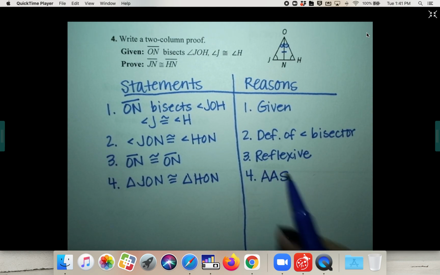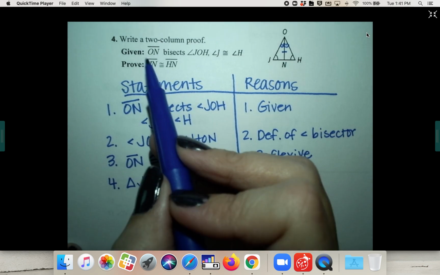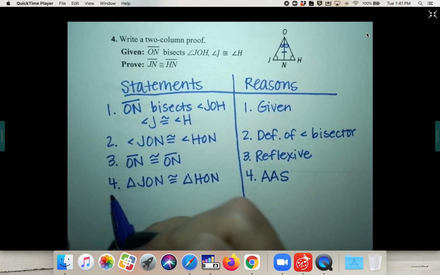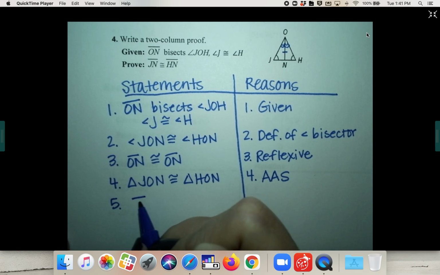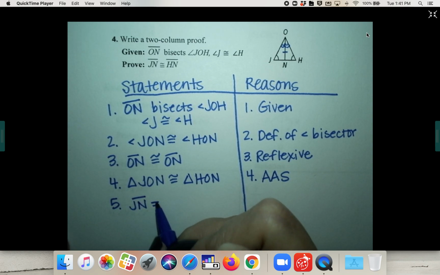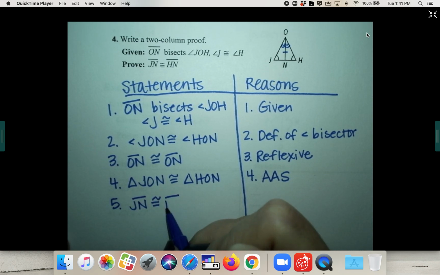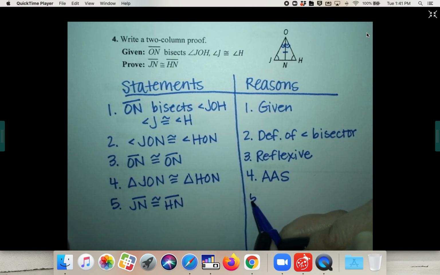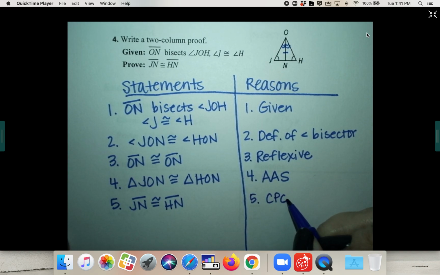And now that we've proven the entire triangles are congruent, that means all the parts are also congruent, including side JN being congruent to side HN, and that would be because of CPCTC.